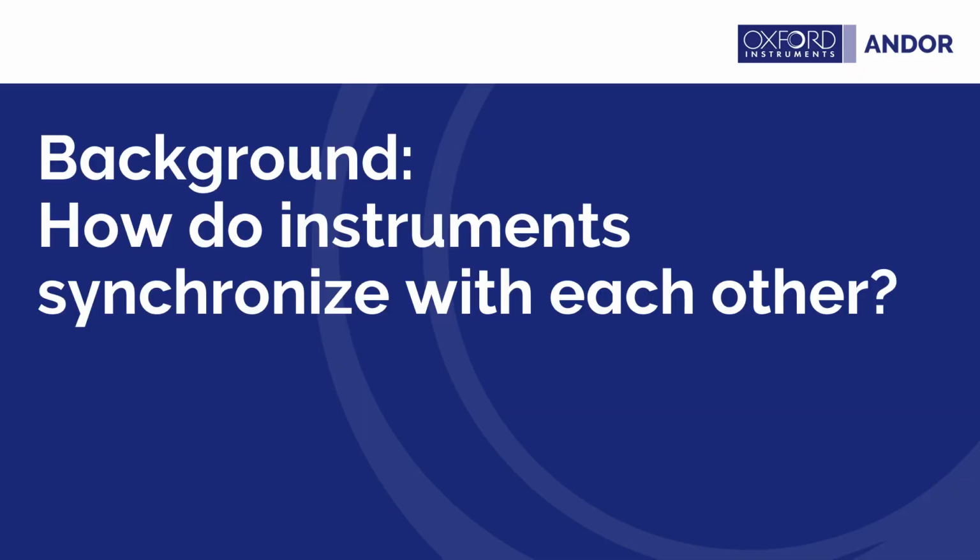To begin this presentation, I want to go a little bit into the background of thinking about how instruments synchronize with each other. When I think about using the nanosecond timescale and/or iStar cameras, there are a few more considerations that you might have to take into account as compared to when using a millisecond camera.